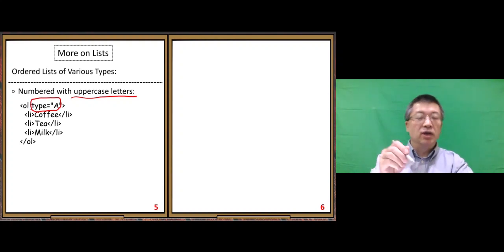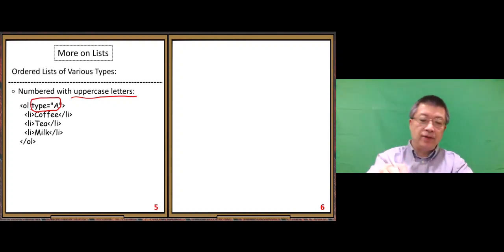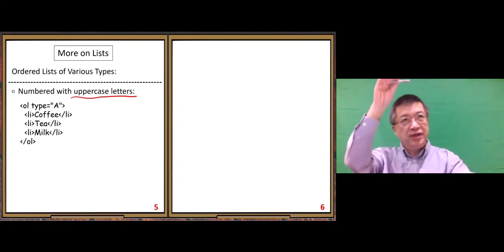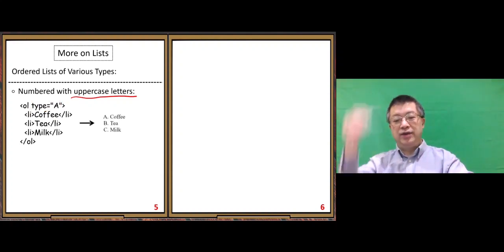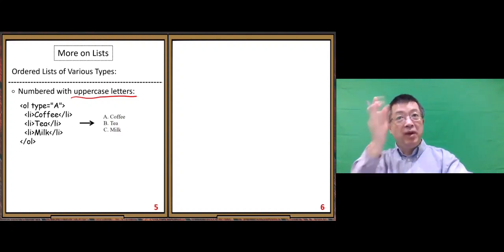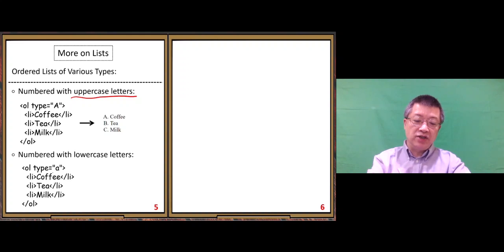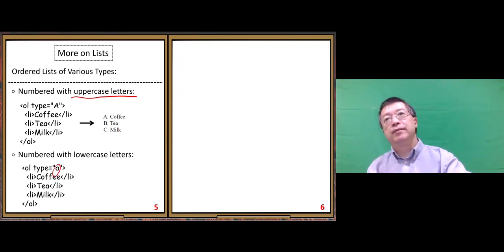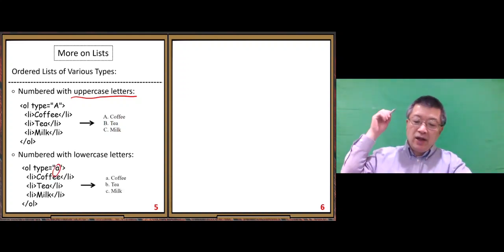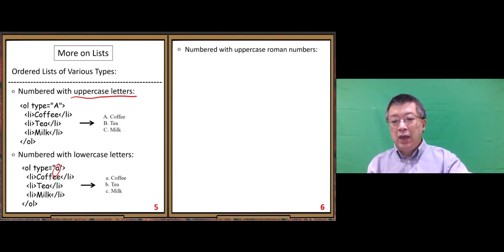Type equals double quotes, capital A. So you start from A, B, C, D. Very simple. Similarly, for lowercase, you just use the lowercase a. So then you get a, b, c. Very easy, straightforward.